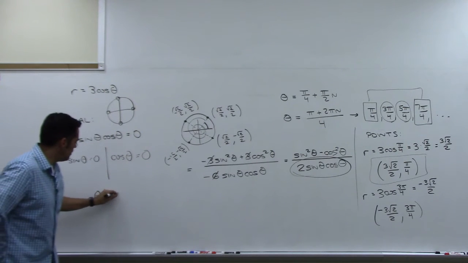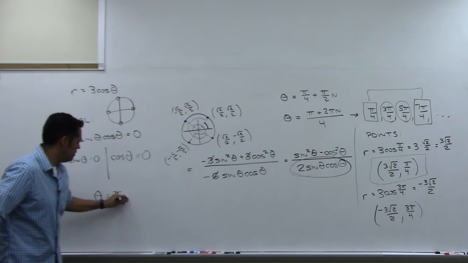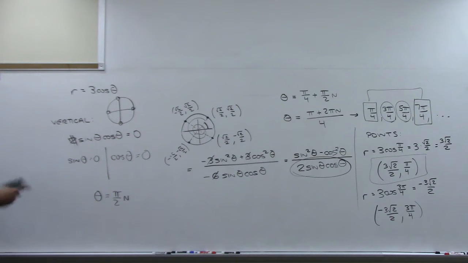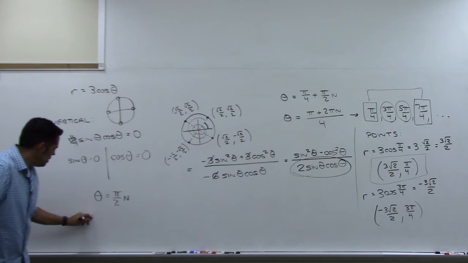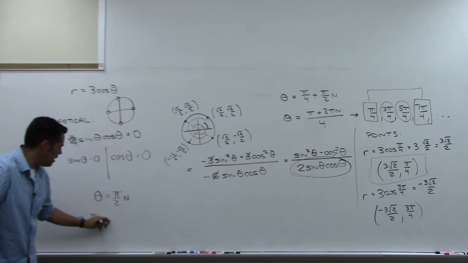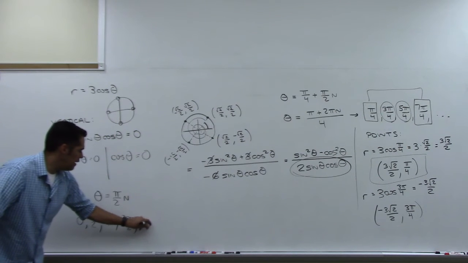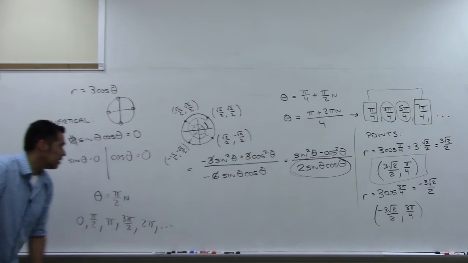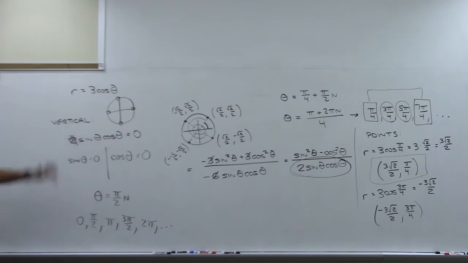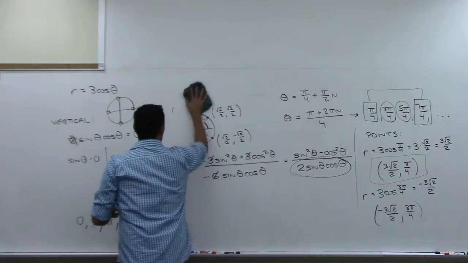So I could just say pi over 2 n, and then just start cycling through n's. So I could have 0, I could have pi over 2, pi, 3 pi over 2, 2 pi, dot, dot, dot, I keep going. But I'm going to start plugging these into our function and see what points come out.